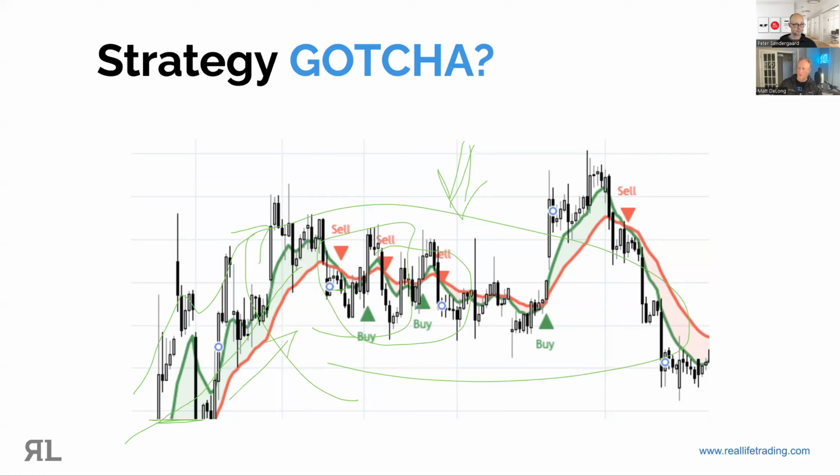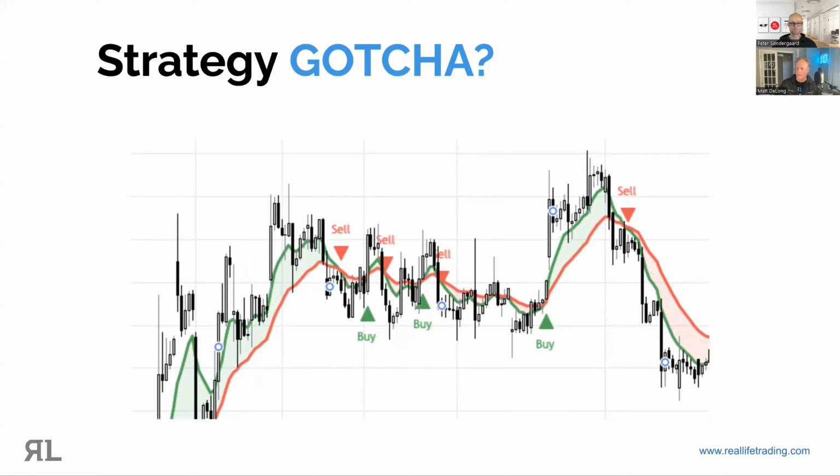However, the way this works, you guys are familiar with Murphy's Law. In Denmark, you've heard of that, Peter? Whatever can go wrong will go wrong. So what does that mean? Well, that means if you miss a signal to get in here and it goes higher, you wait. If you missed it, you wait, right? But let's say it does make a little pop higher and it gives you a signal to exit right here at the close of this bullish candle.